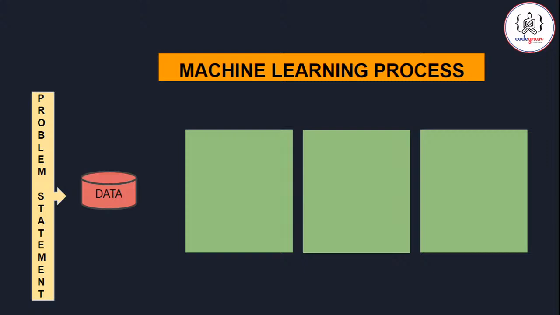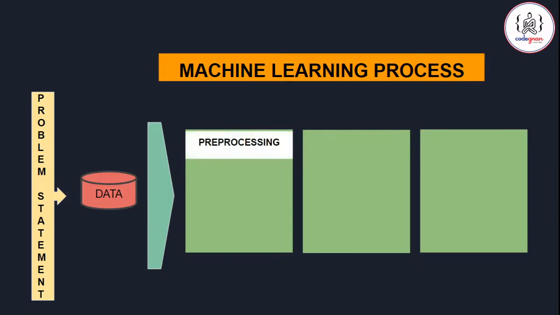All right, so then you go for this data collection, and after collecting your data, there are different processes as well. The first process is preprocessing your data. The data that you have extracted from somewhere or from your database might have some ambiguities or noise, right? So how do we handle that? For that, we use preprocessing techniques. If there are some missing values, we try to fill or impute the missing values.